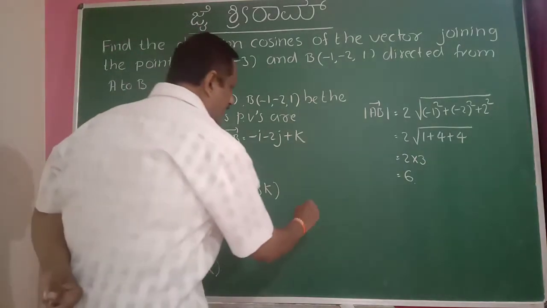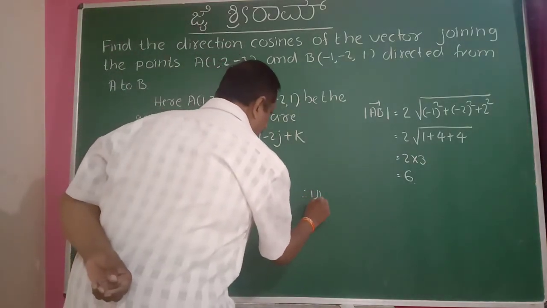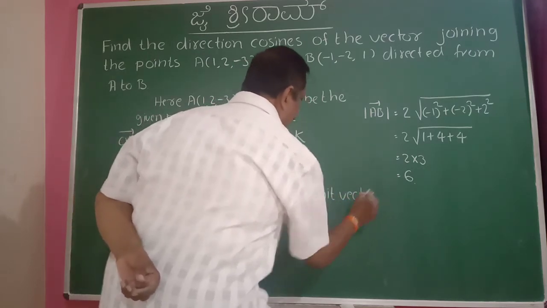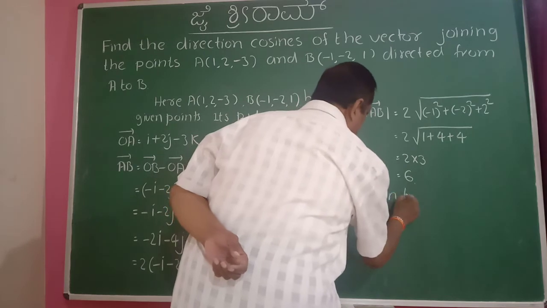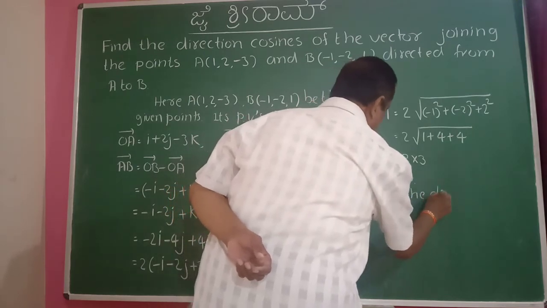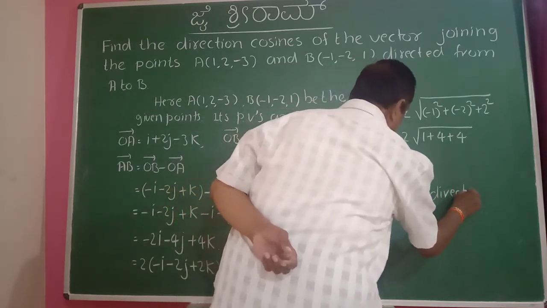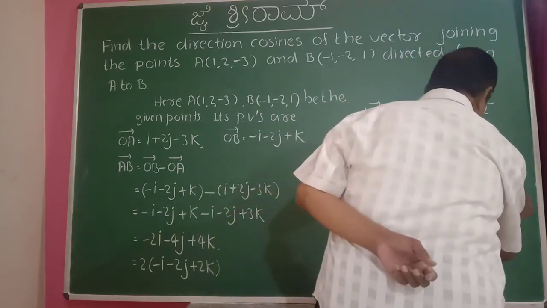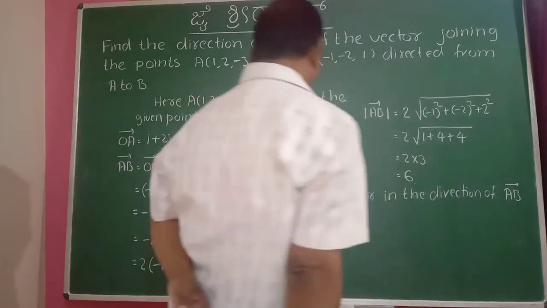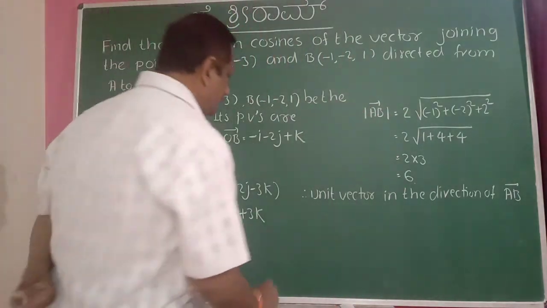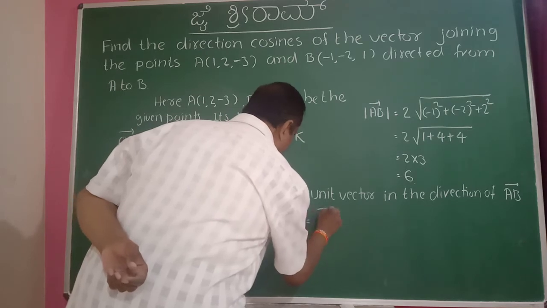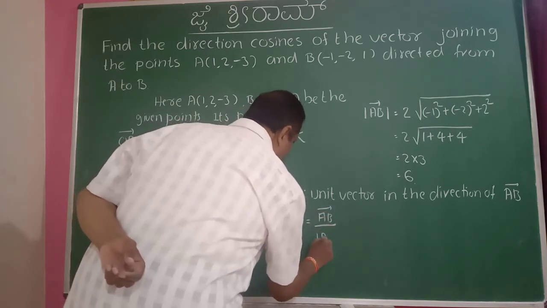Therefore, the unit vector in the direction of AB is equal to the vector AB divided by modulus of AB.